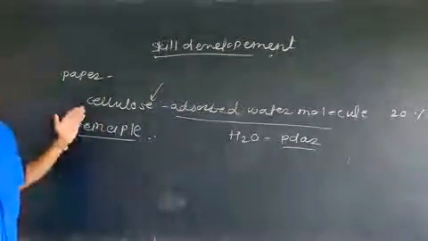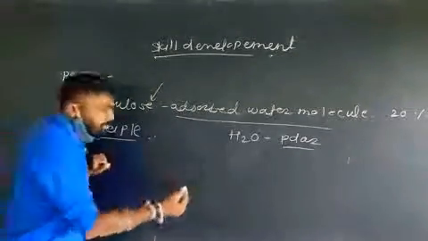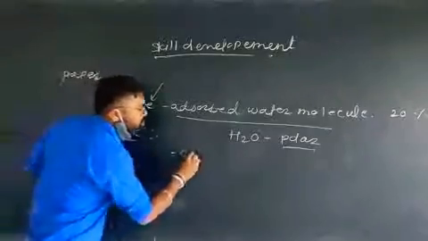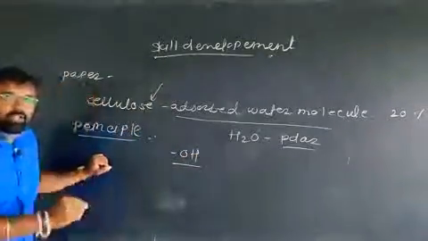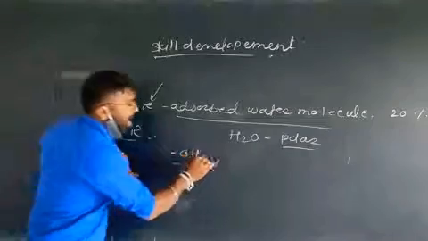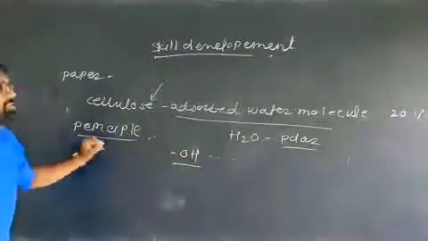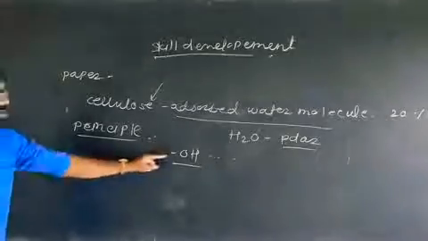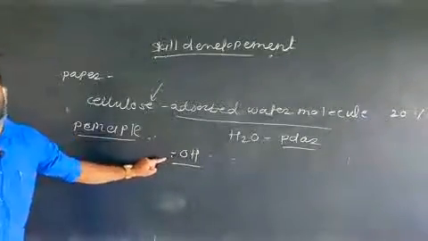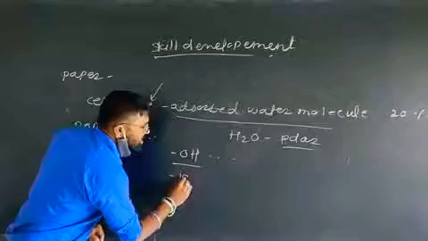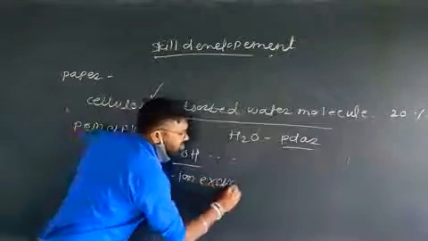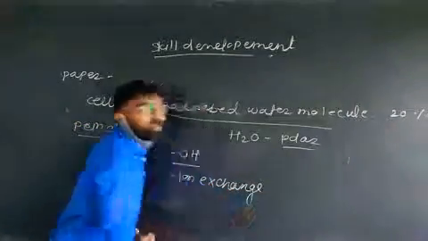Along with this partition coefficient, sometimes the hydroxyl groups of cellulose, the paper, cause hydrogen bonding with some components of the solute, right? This is also a principle of separation. Again, ion exchange also takes place in paper chromatography.